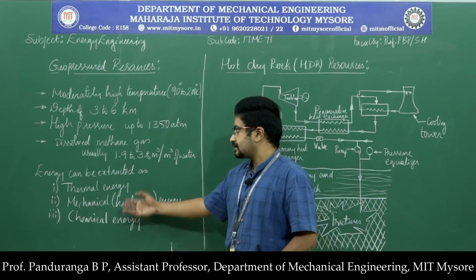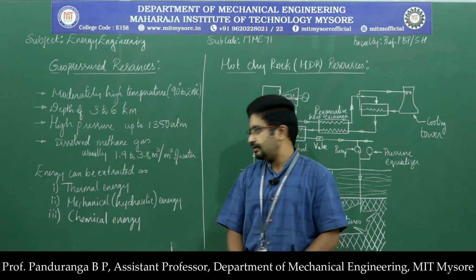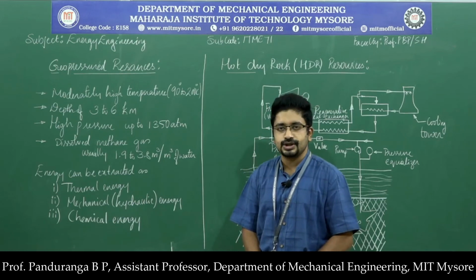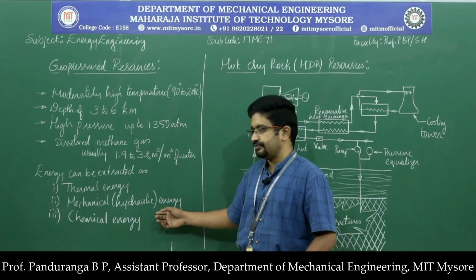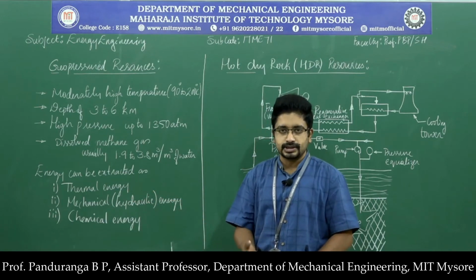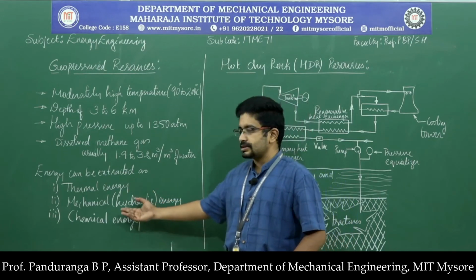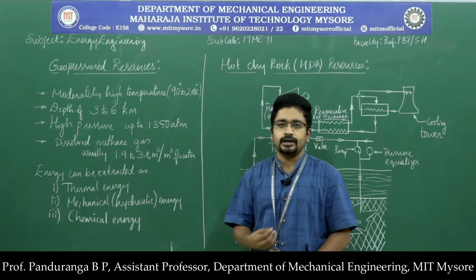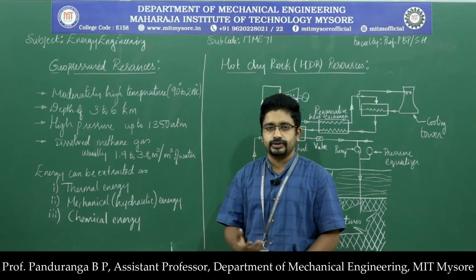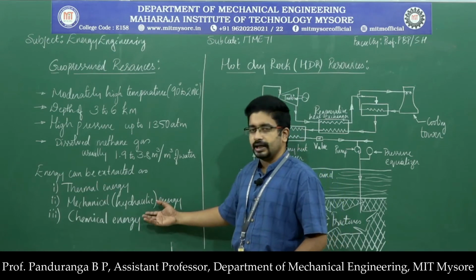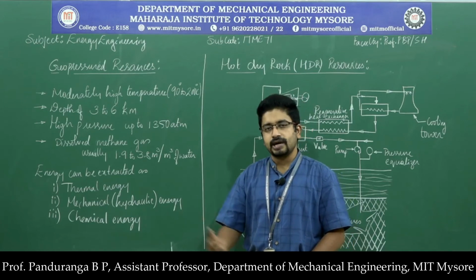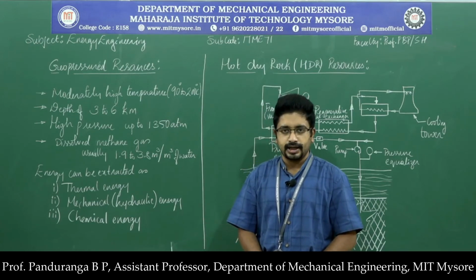And then since the pressure is very high, we can use that to extract mechanical or hydraulic energy. We can directly utilize the high pressure water coming out of the source, run a hydraulic turbine and produce mechanical energy which can be converted into electrical energy.